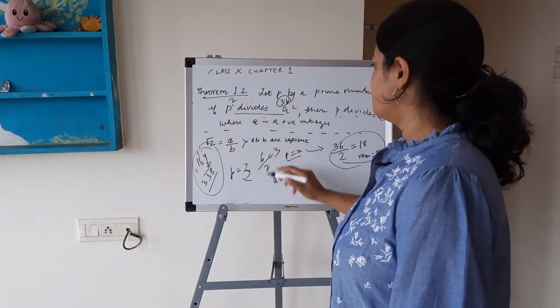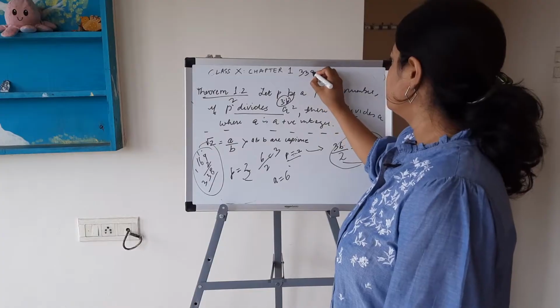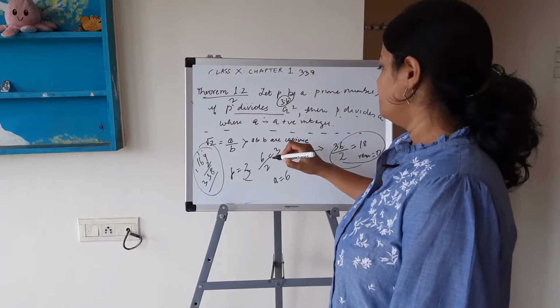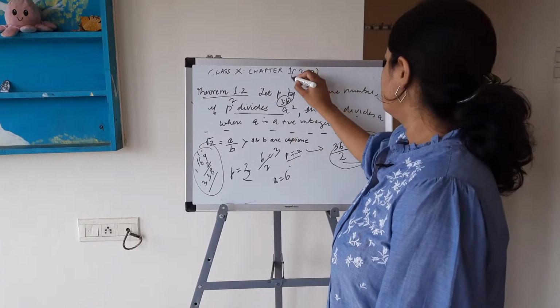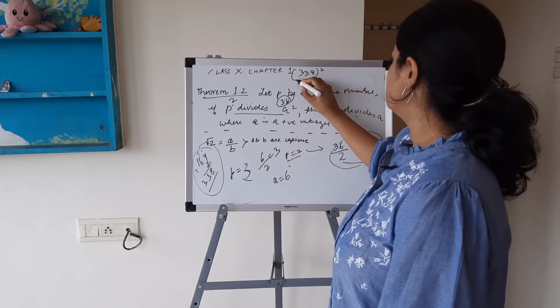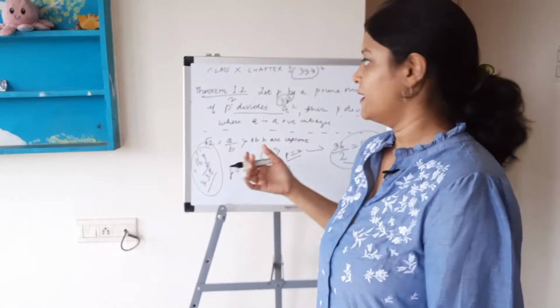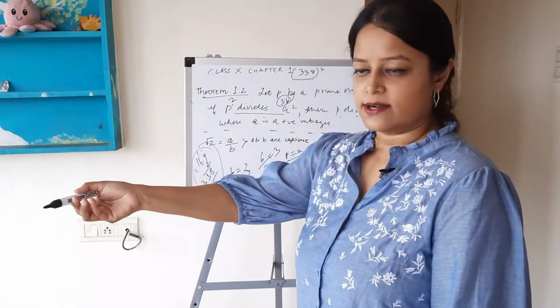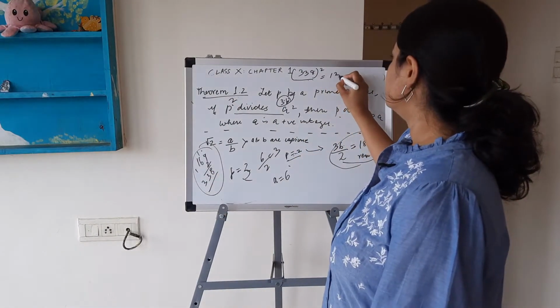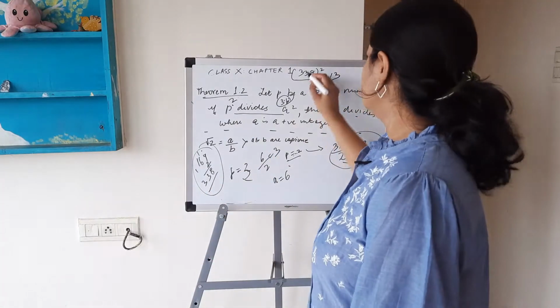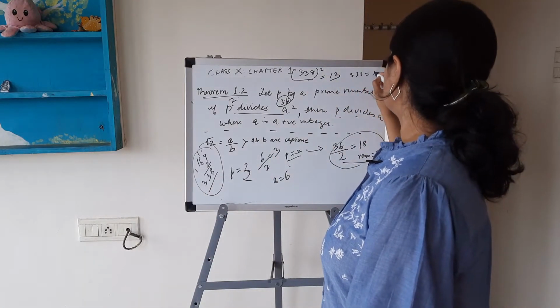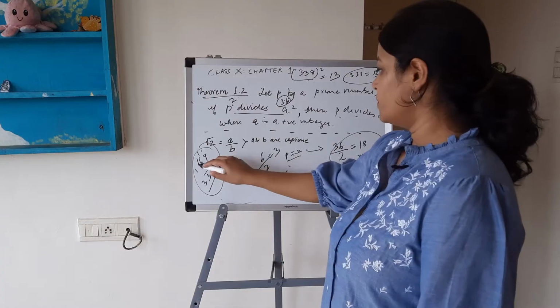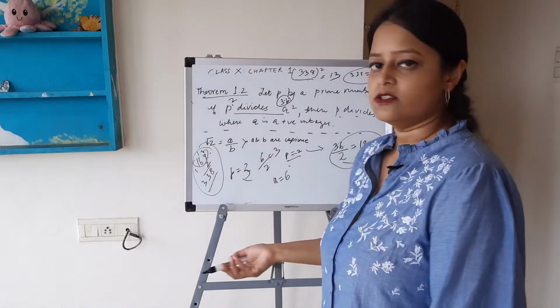So 338 squared is obviously divisible by 13, and 338 is also divisible by 13, which we know for a fact because 169 itself is 13 squared.